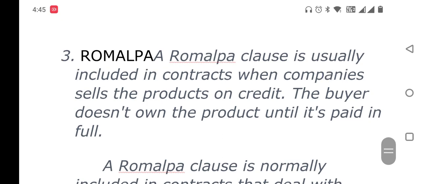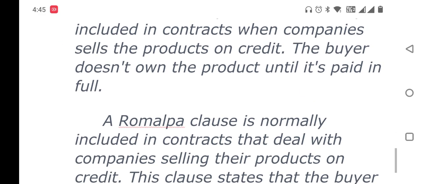Then we'll go for the third concept of today, ROMALPA. A ROMALPA clause is usually included in contracts when companies sell their products on credit. The buyer does not own the product until it is paid in full.